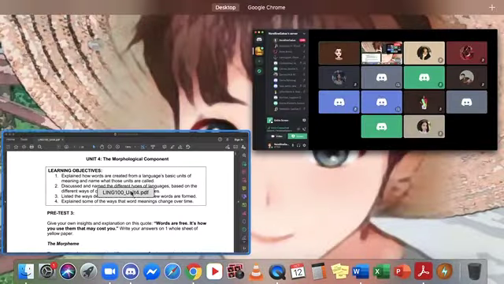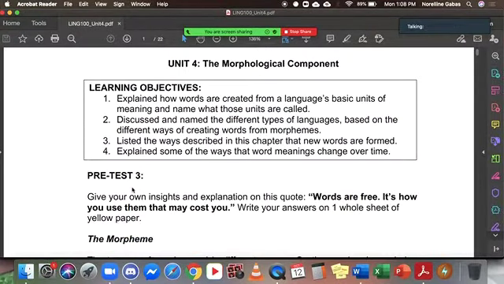Okay. So, when we say morphological component, we are now dealing with word formation. Tapos, yung physical writing or creation of words. So, ngayon, with phonology, it's just basically the sound, what you hear.